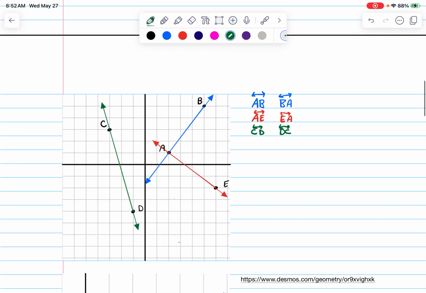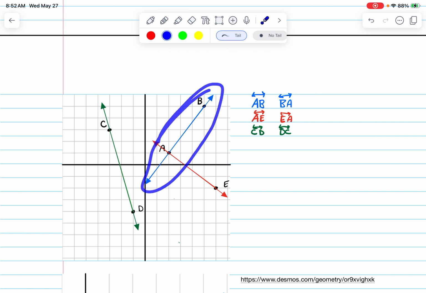Now, we're going to take a minute and really focus on lines. In fact, I want to start off with this line right here, AB. I'm going to call this line AB. What we want to focus on with this line is what point the line passes through and how steep the line is.